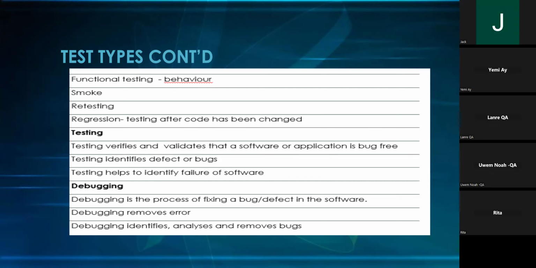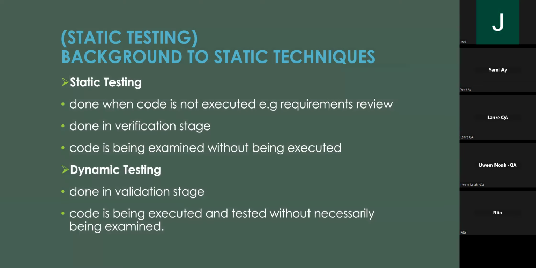Debugging is like checking why this thing is failing. You are trying to look at the root cause. It is the process of fixing a bug or defect in software. Debugging removes errors. Debugging identifies, analyzes, and removes bugs.